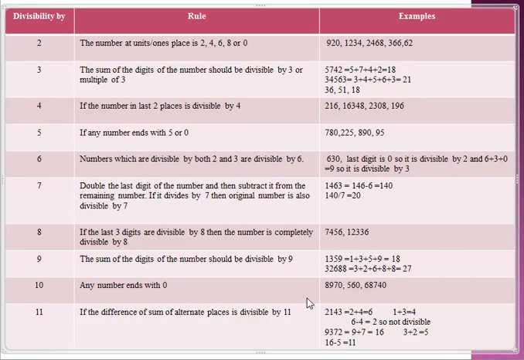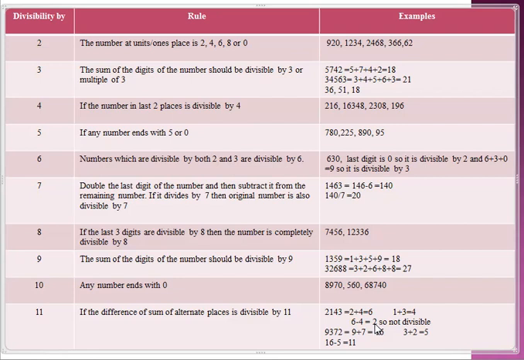So that is very easy, everyone knows. 11: if the difference of the sum of alternate places. Now here we have alternate places. Alternate means, for example, 2, then skip 1 and then 4. So 2 and 4 add up to 6, and 1 and 3 add up to 4. Now this 6 minus 4 is not divisible, because it gives 2.